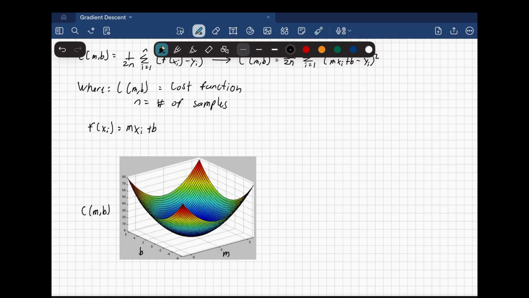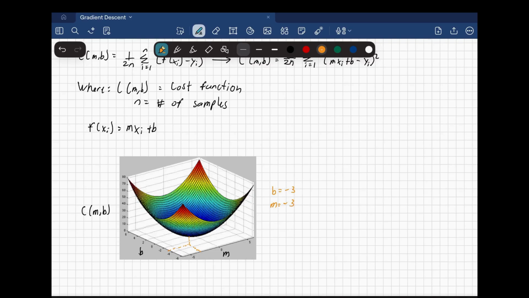The bottom of the bowl represents the minimum cost, and that means the best fitting line. So suppose this is the bottom of the bowl. That means, apologies for my drawing, the best combination of b and m is, for b, about -3, and for m, let's just approximate it to -3 also.